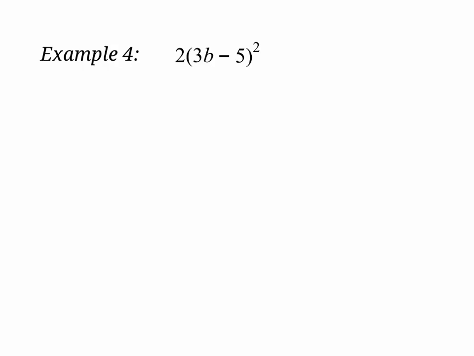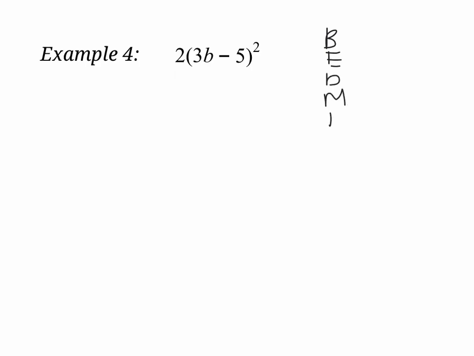Now what to do with this example? There are 2 major no-nos that students do all the time with this. The first thing is students want to multiply this 2 inside there. And if you do that, that is a big no-no. Why doesn't that work? Well, because we still have to follow the rules of BEDMAS. So let me just write out BEDMAS really quick.